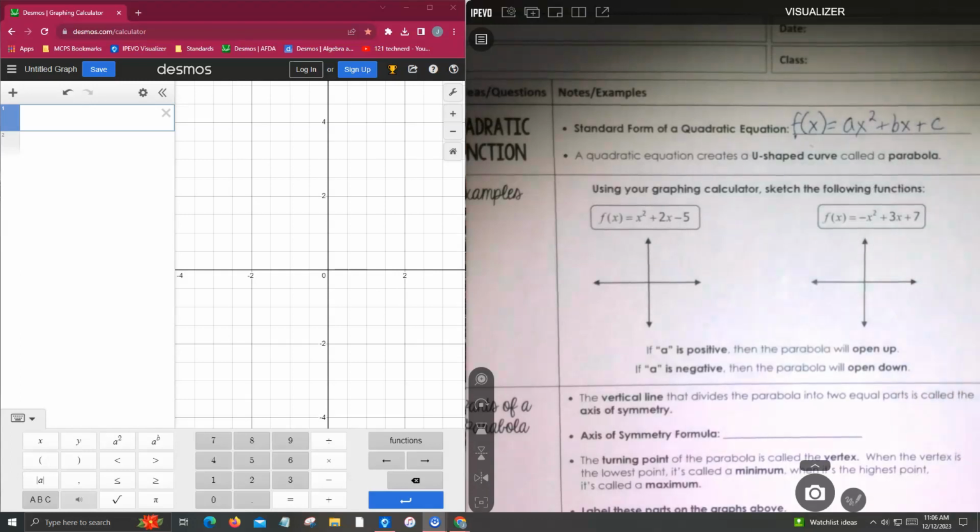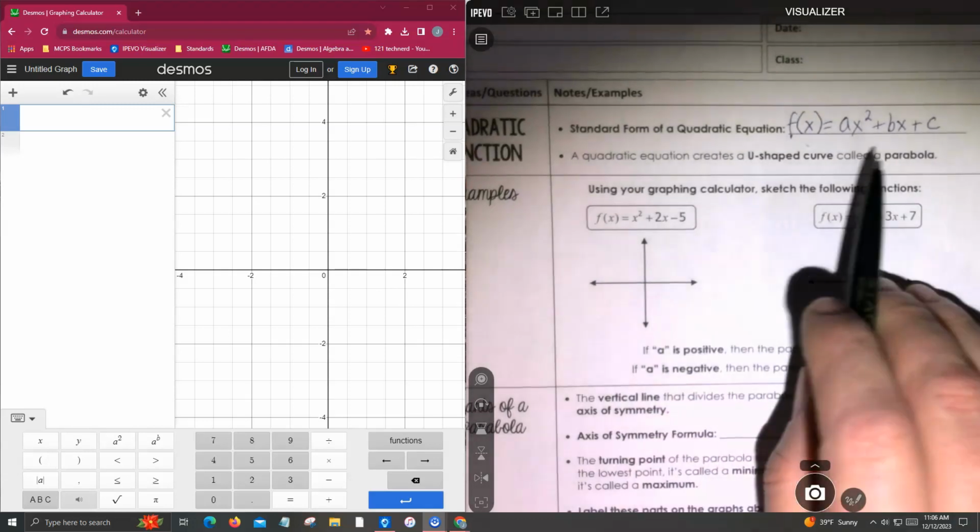It doesn't use m like slope, because slope is not really a thing with quadratics, so they just start off with a, b, and c. If you had something with a higher exponent, like a cubic, which would start with a 3, then it would go ax cubed plus bx squared plus cx plus d. So it just goes through the letters of the alphabet, as many as they need.